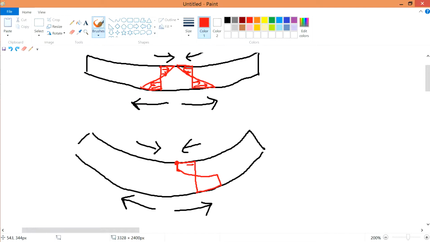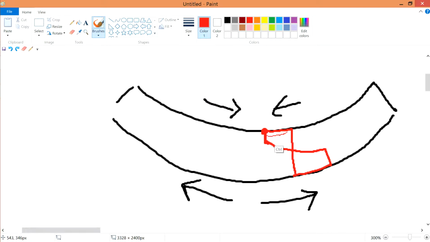So when the material can't flow anymore, instead of going straight, it will just go like this. It will start to crumple, and the rest of this is still linear, still corresponding over here, and this part will crumple because you have nowhere to go.